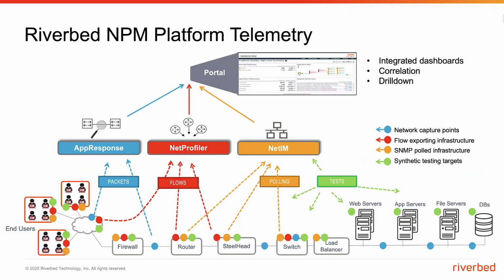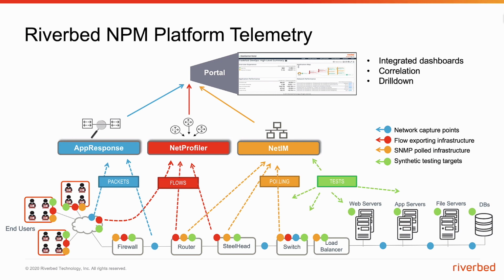Now, this is my second to last slide, but I wanted to lay out, before we close this section off, the overview. So AppResponse, NetProfiler, NetIM, running on-premises or in the cloud, in cloud servers, wherever they're running, they're receiving traffic.